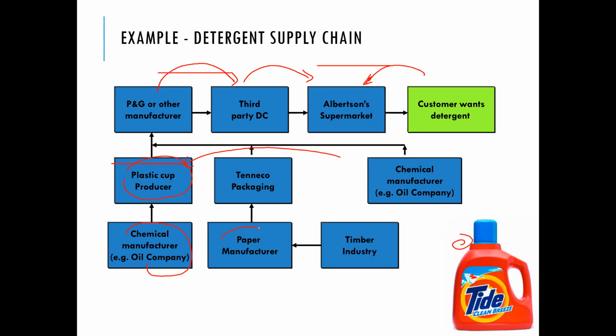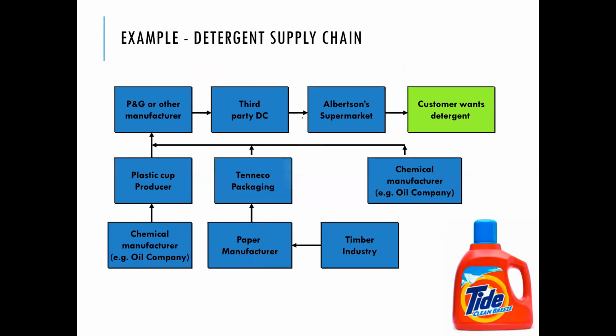And then for packaging, you need a paper manufacturer, and paper obviously comes from the timber industry. So there are a series of firms that are involved in ensuring that this product gets to the shelf at the right time so that the customer can buy this product. And managing this entire chain is what we call supply chain management.